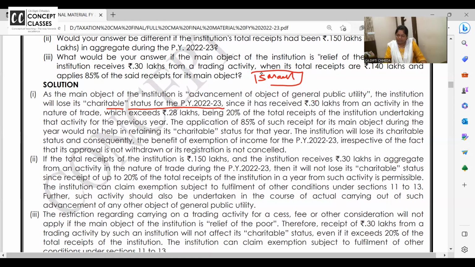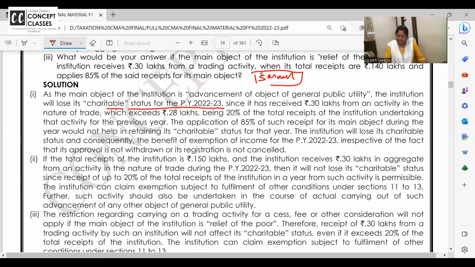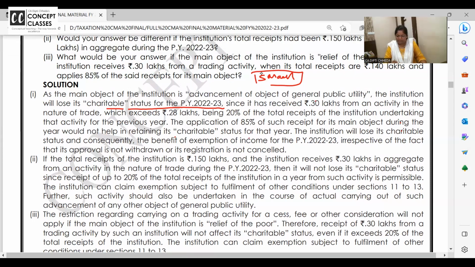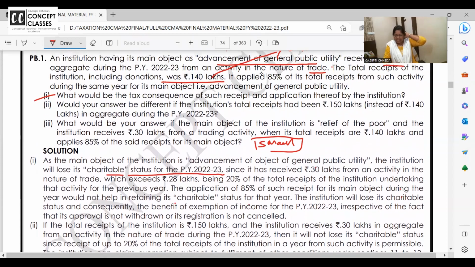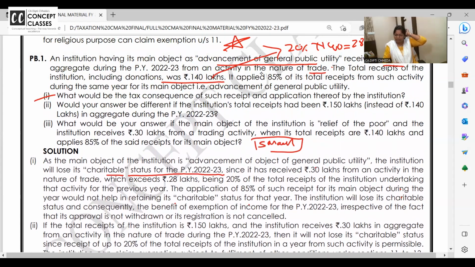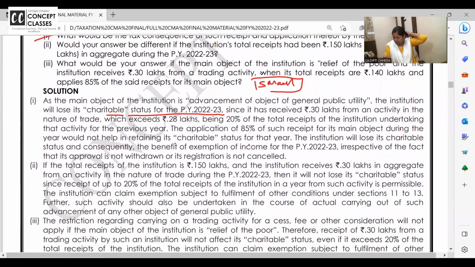Since it has received 30 lakhs from an activity in the nature of trade, which exceeds 28 lakhs being 20% of the total receipts, application of 85% during the year would not help in retaining the charitable trust. See, they did say that 85% of the income is applied for the object of the trust. That makes no difference. You will not get any exemption.